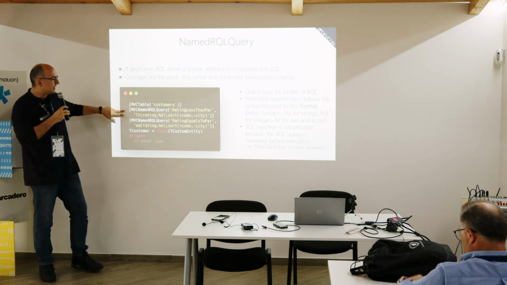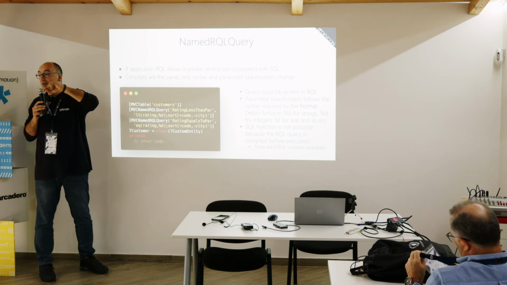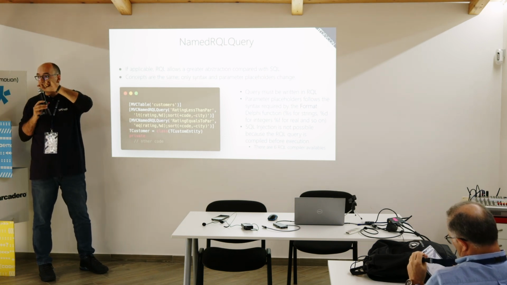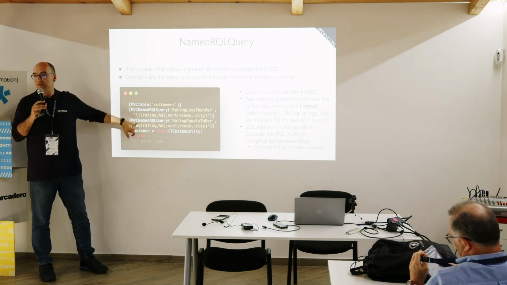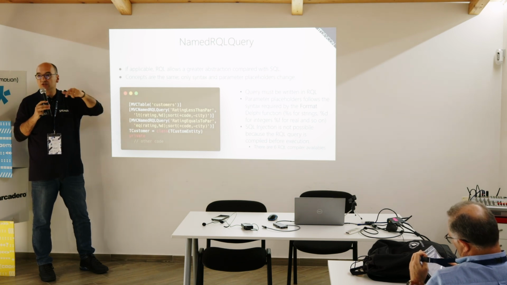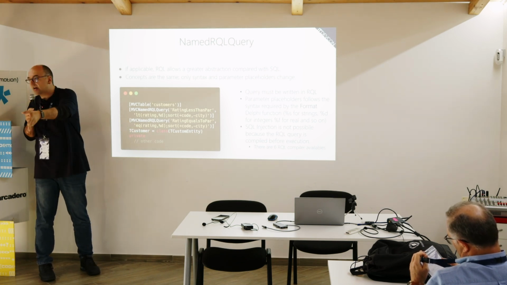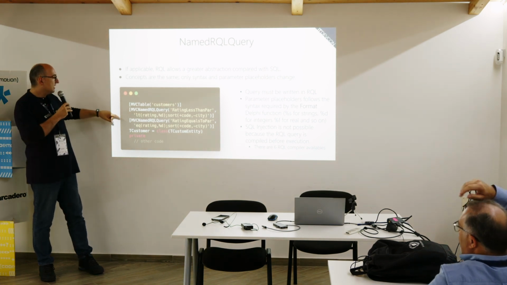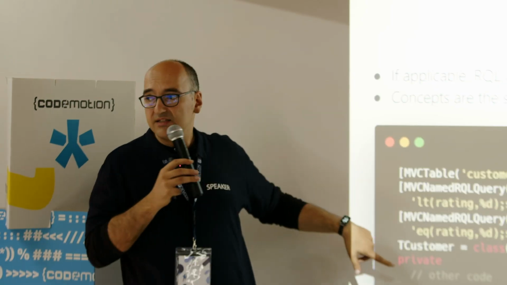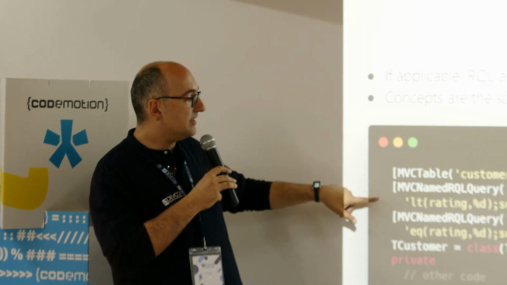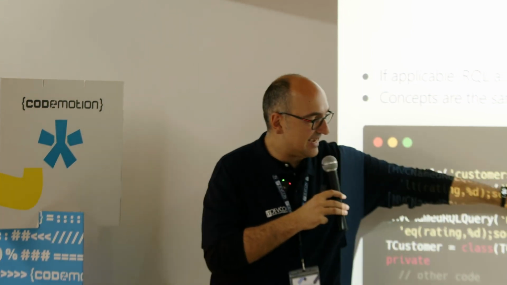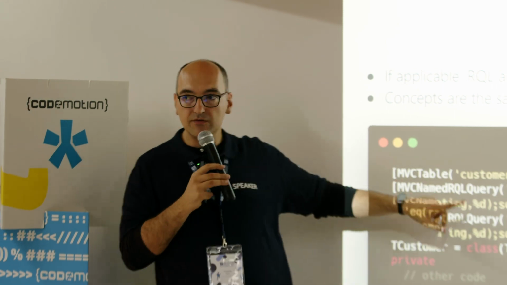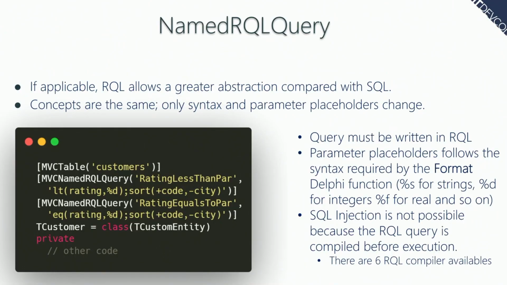So this RQL is URL safe. This is because RQL is very useful. You can just put it on the client side, and there is no problem. It is safe to pass on the URL or anything. The mechanism is the same. The only difference is that this text follows the format function syntax.